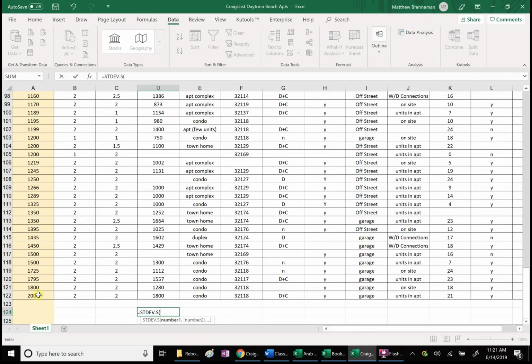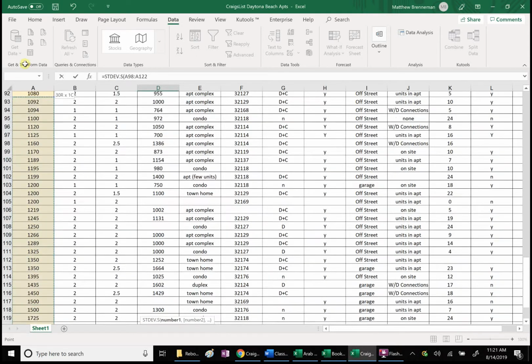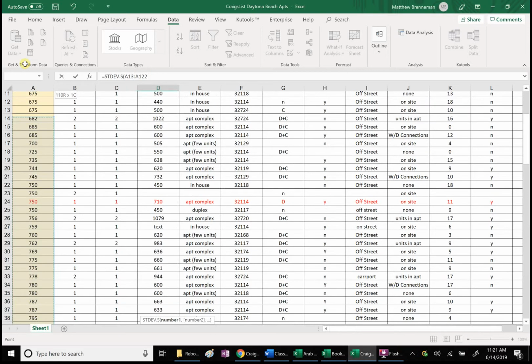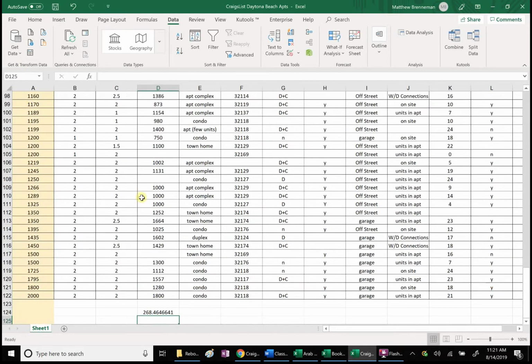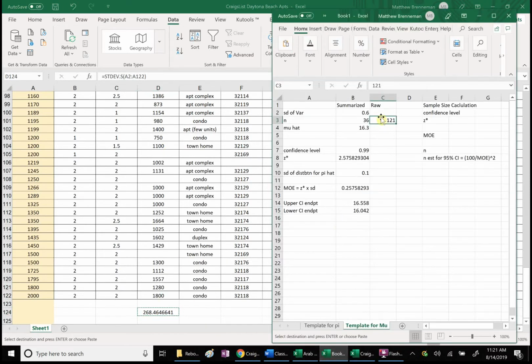Always remember to use S and not P. S is for sample. And we get 268.46. I'm going to copy that and paste it as values. I don't want to paste that as formulas. If I do, it's going to give me an error. So here I have to paste as values.